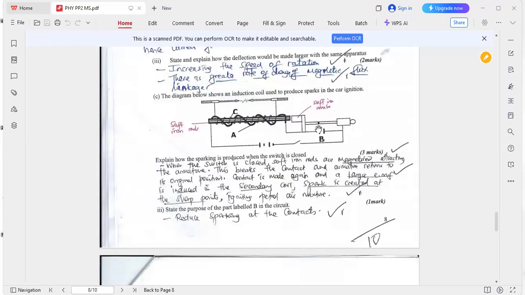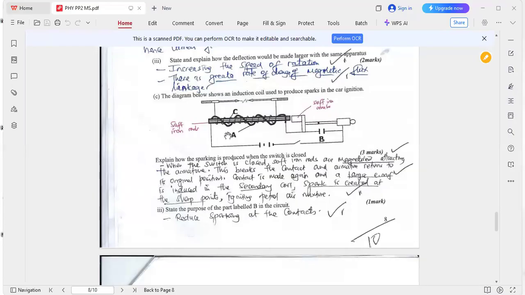That is after the contact is broken. Current dies off from maximum to 0, causing a change in magnetic flux that induces a higher EMF in the secondary coil C.